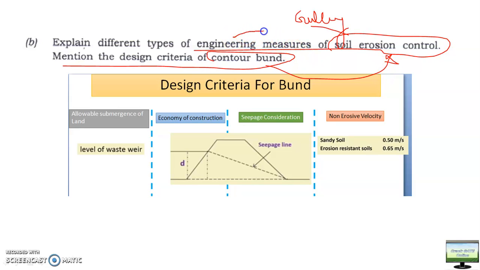It is also an engineering measure. Okay, your spillway will come here, engineering measures. Types of spillway will come here. Your netting system will come here. Your wind belt and shelter belt will come here. Okay, your bunding will come here, your terracing will come here.